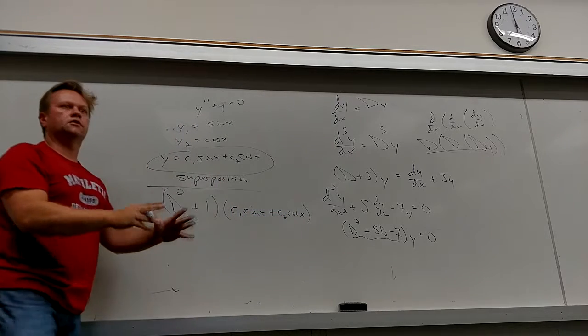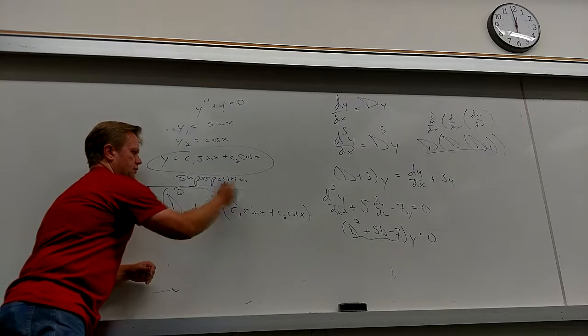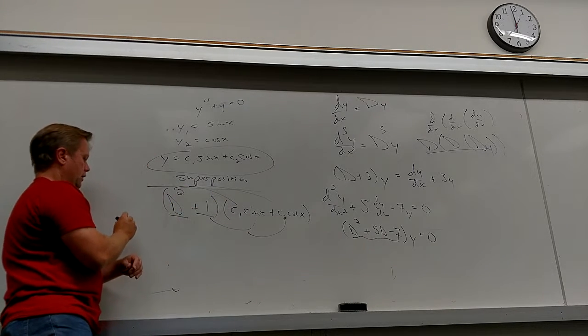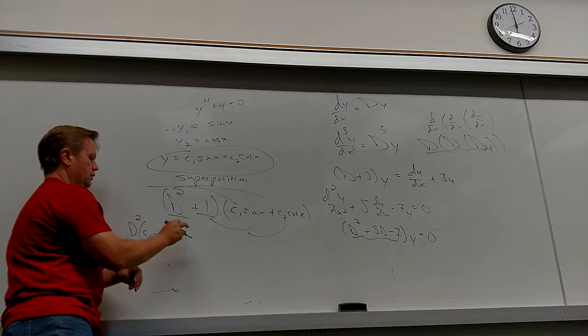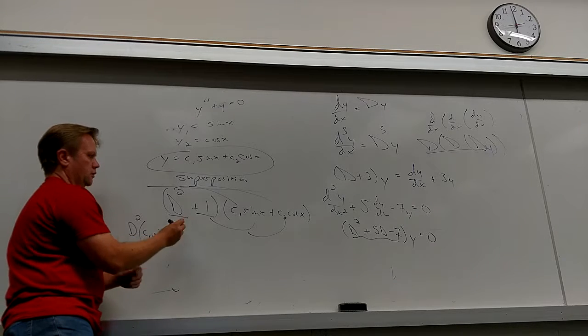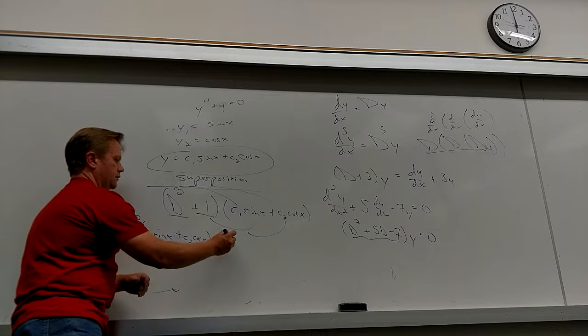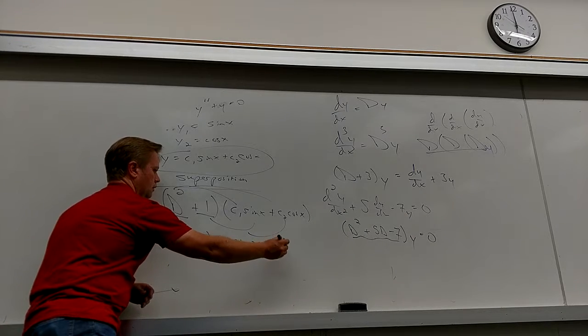Thank God we don't have to FOIL, don't get all freaked out. I apply that to this, and I apply that to this. So that would be D squared of c1 sine x plus c2 cosine x, plus c1 sine x plus c2 cosine x.